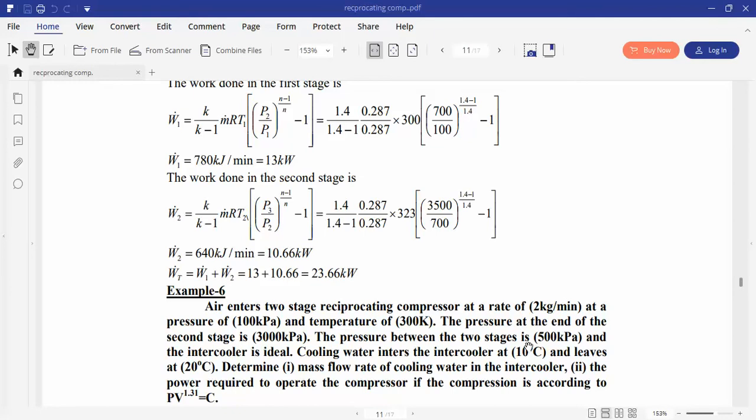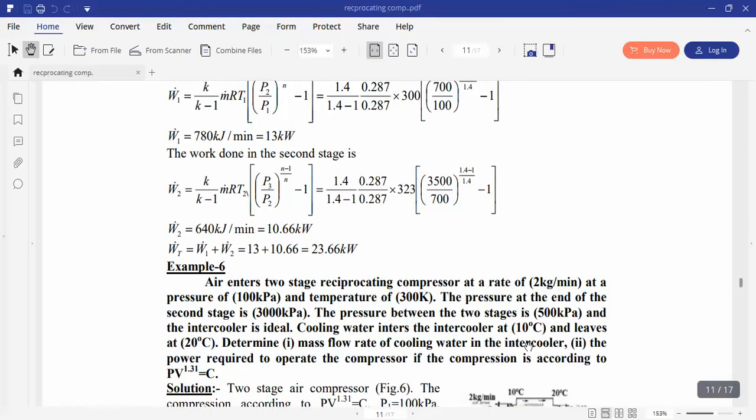The pressure between two stages is 500 kilopascal, and the intercooler is ideal. Cooling water enters the intercooler at 10 degrees centigrade and leaves at 20 degrees centigrade. Determine the mass flow rate of cooling water in the intercooler, and the power required to operate the compressor if the compression is according to PV to power 1.31 equal constant.